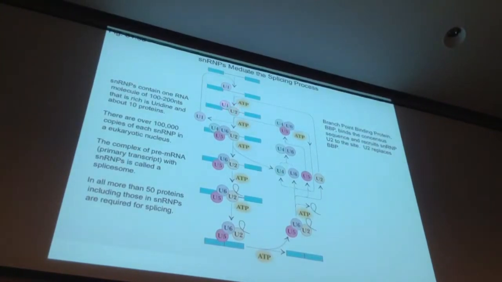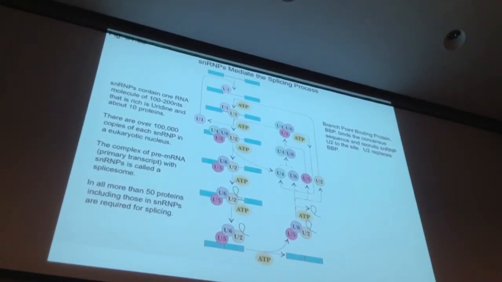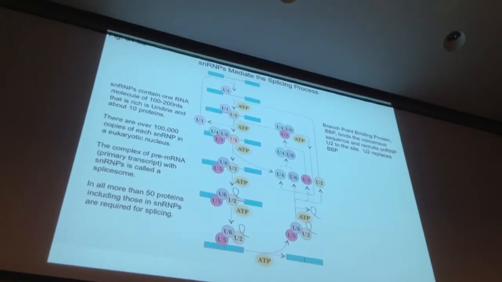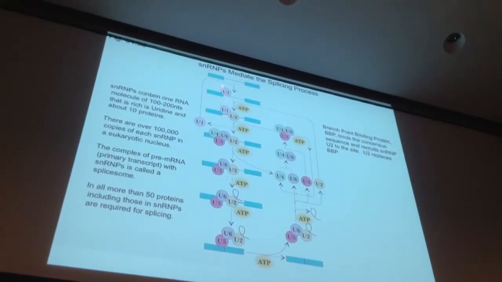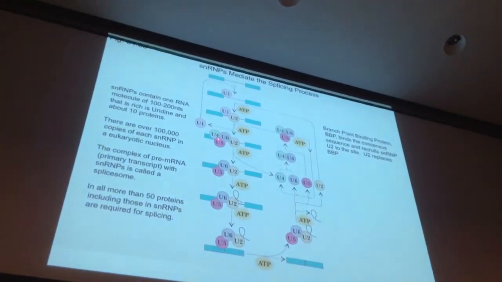Once those two are bound, then in an ATP-dependent fashion, you can see there's a trimer of snRNPs, U4, U5, and U6, that come in there. As they do, they knock out U1. U1 is the one that localizes and finds that 5' site, and eventually these three are loaded on the 5' site.